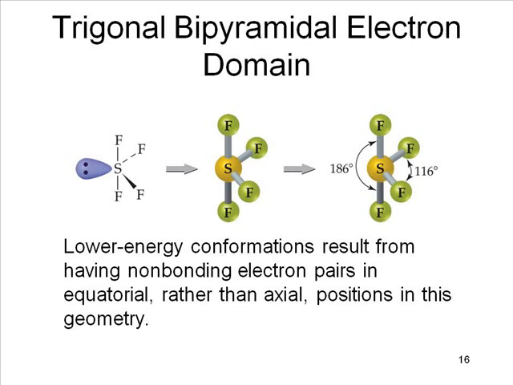That top F is within 90 degrees of 3 of the other tentacles, so you wouldn't want to make that the lone pair, because remember that lone pairs are held more closely to the central atom than are bonding pairs, and their repulsions must be minimized.